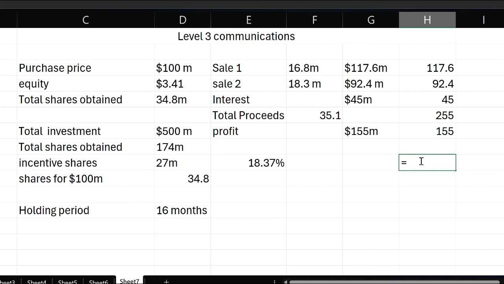So it is basically 155 divided by 100, into 12 divided by 16, because the number of months is just 16.